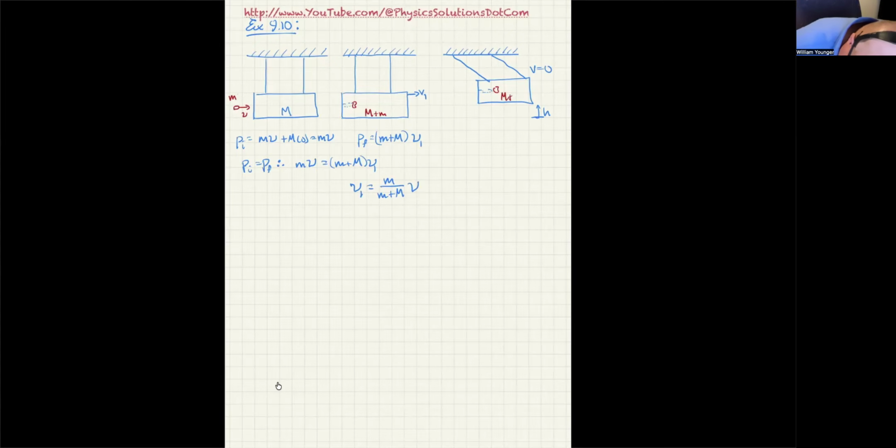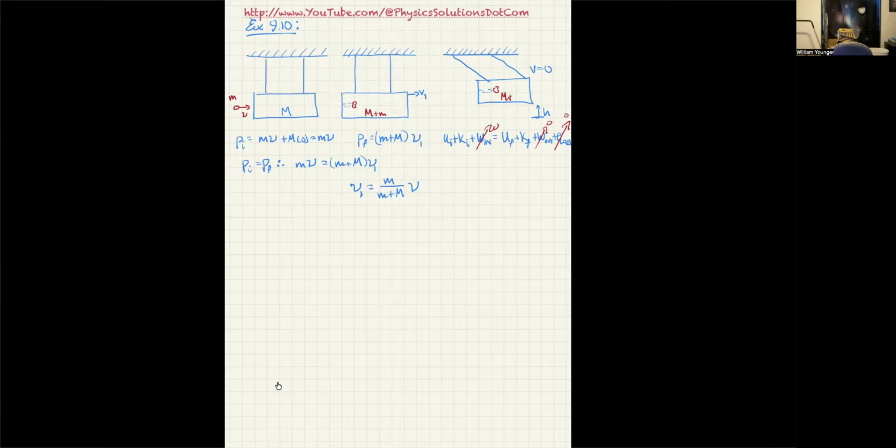Now we're going to use our conservation of energy, which is U initial plus K initial plus work in equals U final plus K final plus work out plus E loss. In this case, we're not imagining any kind of work done against friction or compressing springs or anything like that.